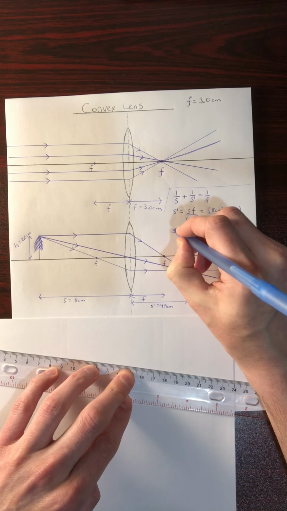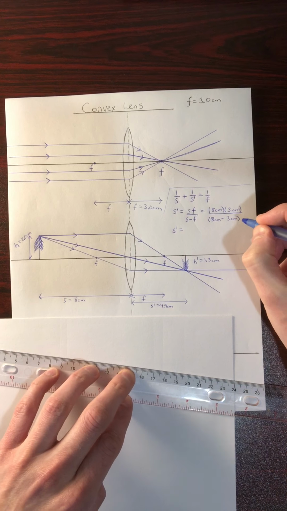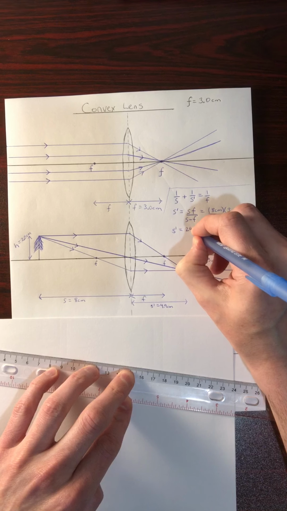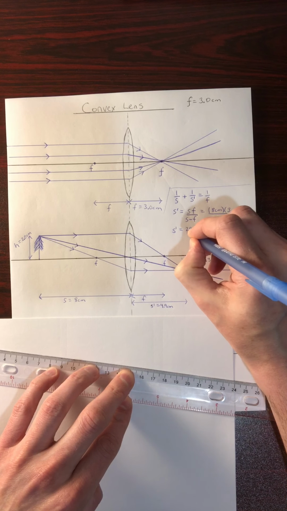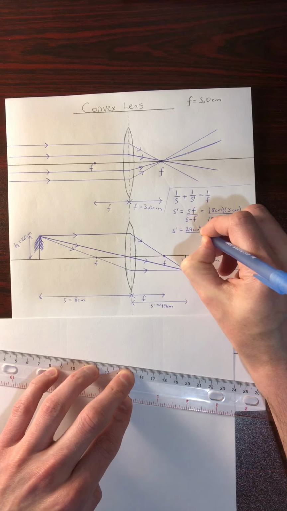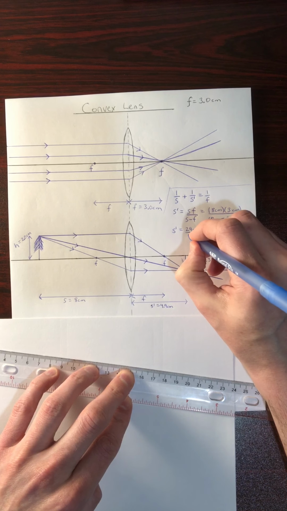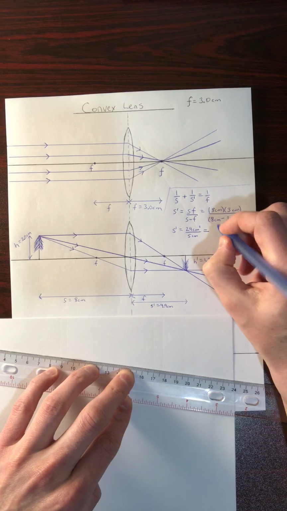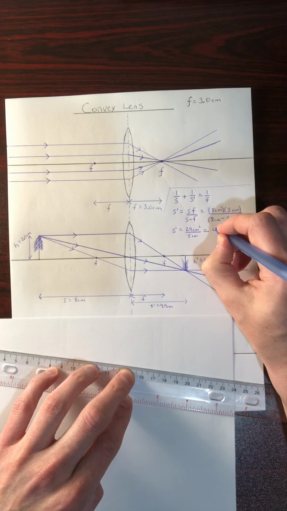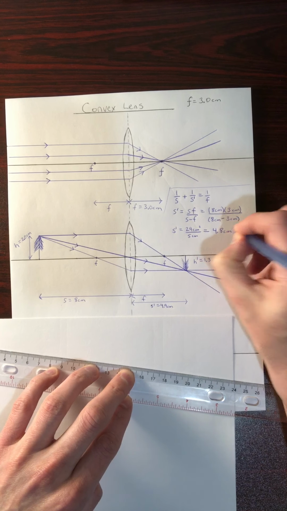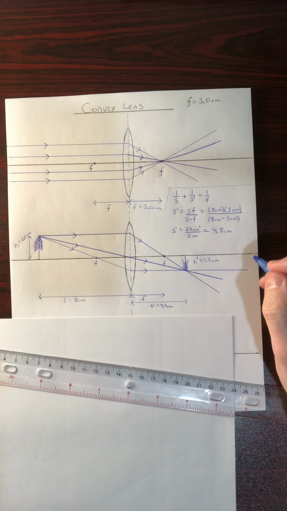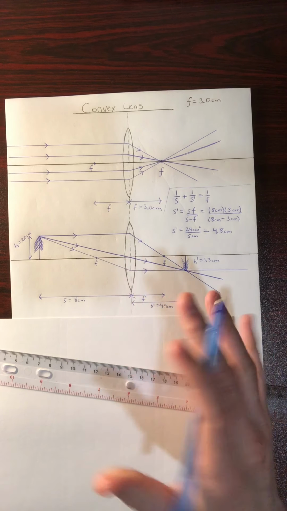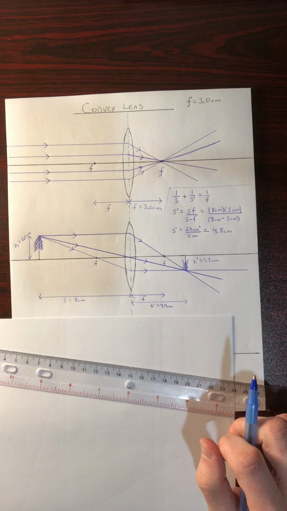We get an s primed that is going to be equal to 24 centimeters squared over 5 centimeters. So we end up with a value of 4.8 centimeters. The exact answer would be 4.8, and we got something very, very close to that. So based on the diagram, that's actually quite good.